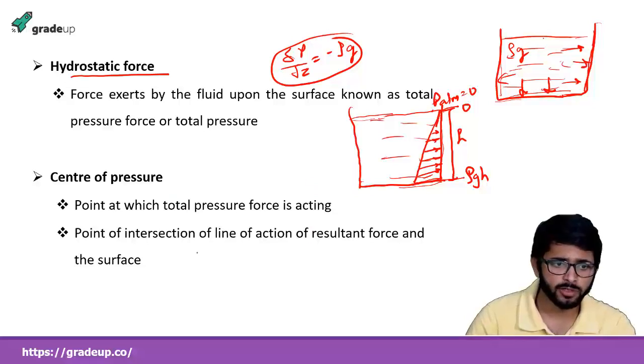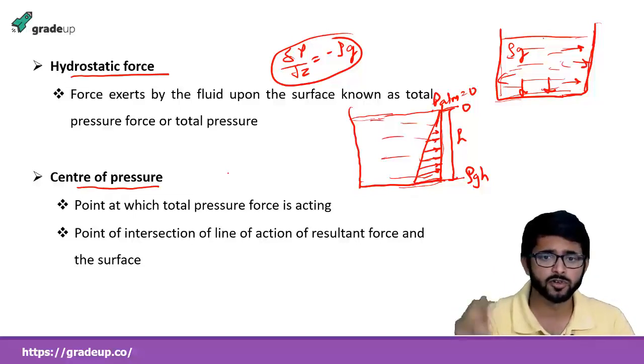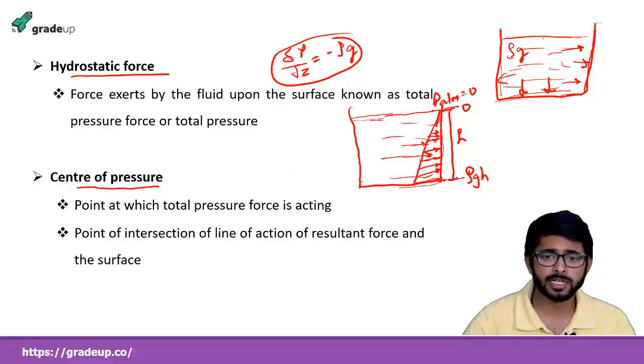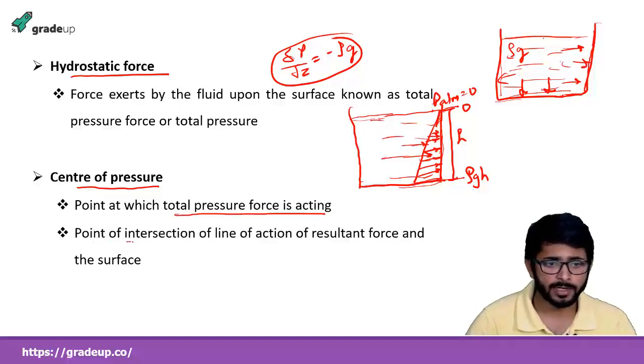And if we talk about the center of pressure, it is the point where the resultant force acts. The force is acting in this direction if we talk about this boundary. So the resultant force acts at a point, and that point is known as the center of pressure. It is the point where the total pressure force acts, the point of intersection of the line of action of the resultant force with the surface.